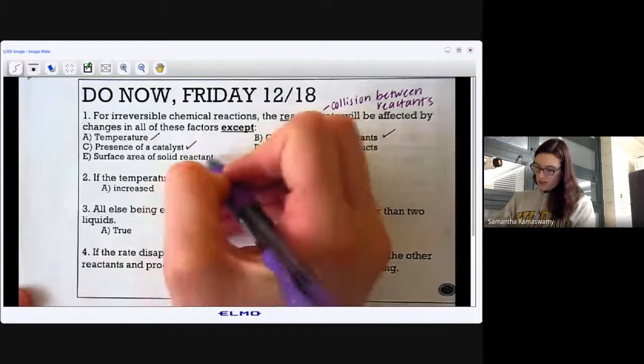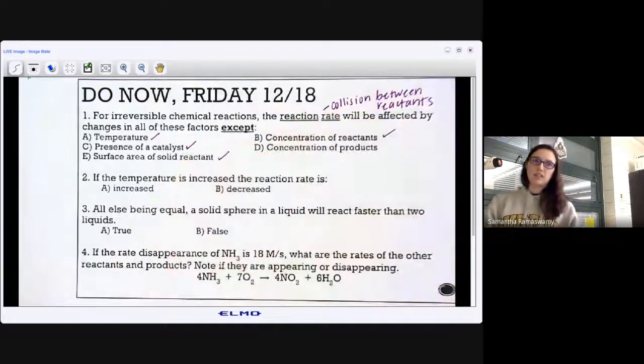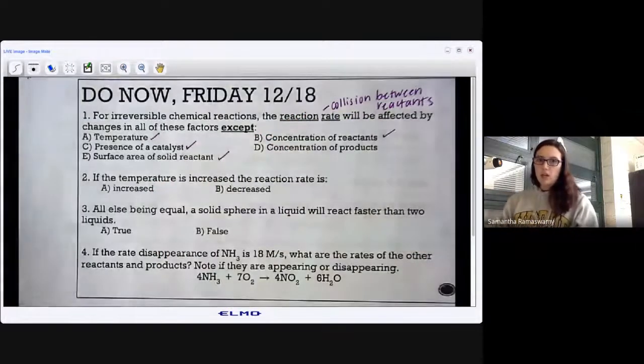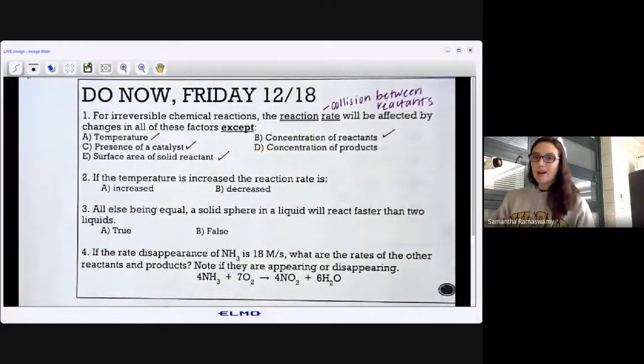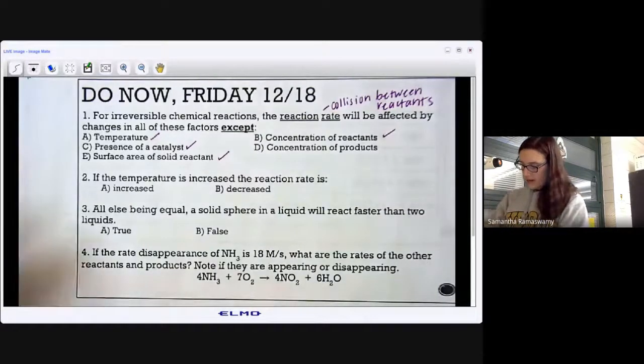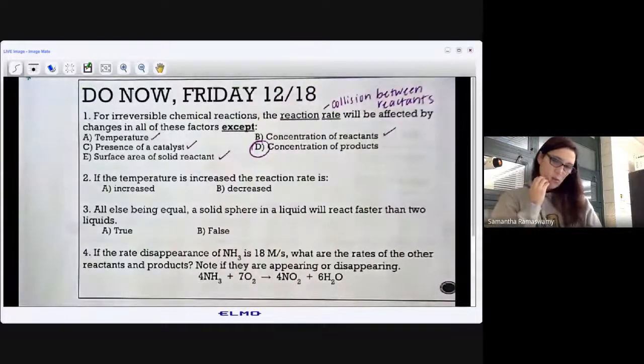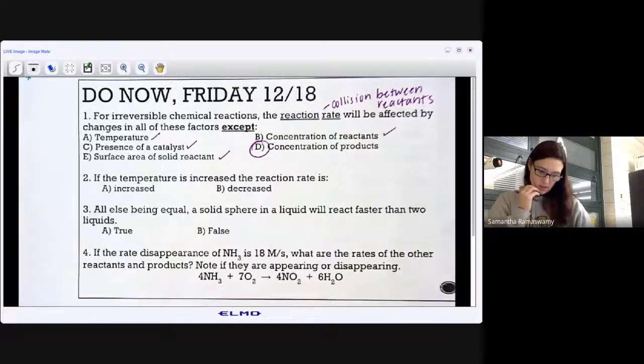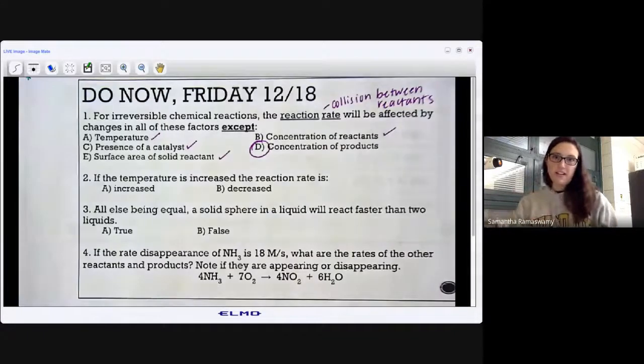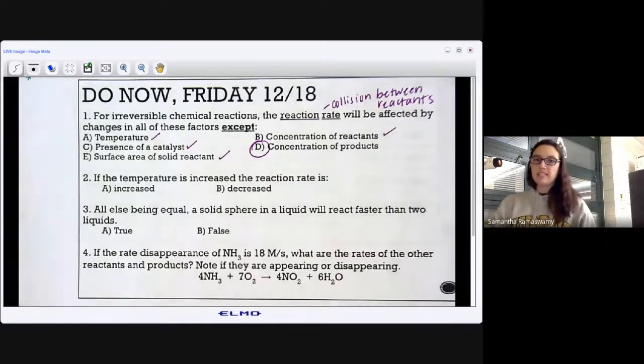And we also did talk about surface area of a solid, so we looked at the powder versus the pellet. So the one of these that is not going to affect reaction rate is the concentration of products. So 1 is D. Products don't affect reaction rate, only the reactants, because it's collisions between the reactants.